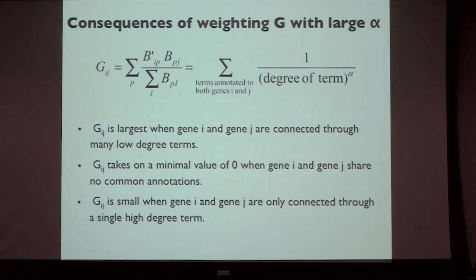To be a little more specific, the consequences of weighting G with large alpha are the following. Gij is largest when gene I and gene J are connected through many low-degree terms. Gij takes on a minimal value of 0 when gene I and gene J share no common annotations, and Gij gets small when gene I and gene J are only connected through a single high-degree term.